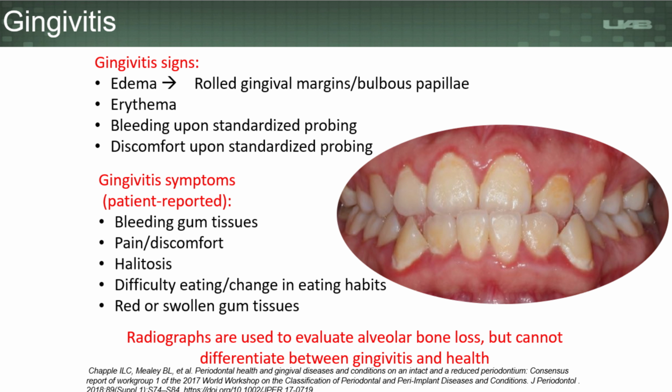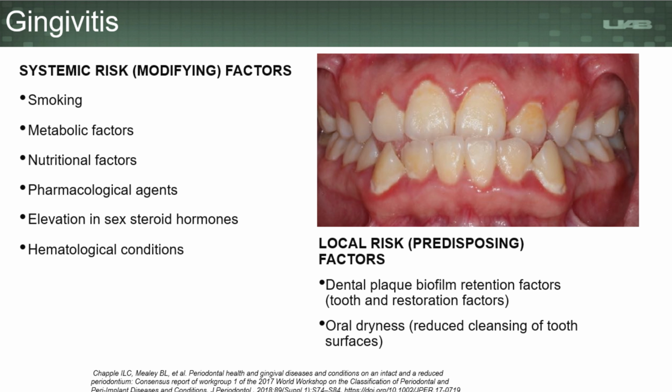Whereas if they've never had bone loss before, just gingival inflammation isn't associated with a great risk for bone loss. I will also know that if I see this patient, there are a couple of risk factors that likely played a role. Biofilm and a dry mouth are the local factors, but there are a couple of systemic factors as well that can play a role in that pattern of inflammation.